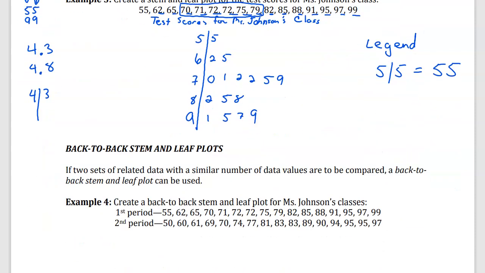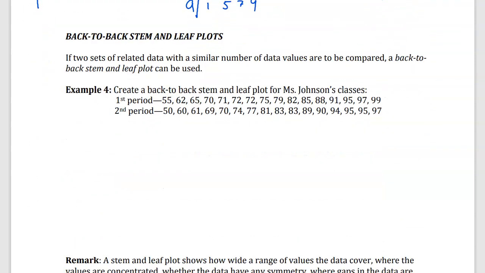Now let's look at a back-to-back stem and leaf plot. This is where we're going to compare two sets of data that are related, like Mrs. Johnson's classes. We're still going to look at scores in Mrs. Johnson's classes, but now we're going to have her first period class and her second period class.